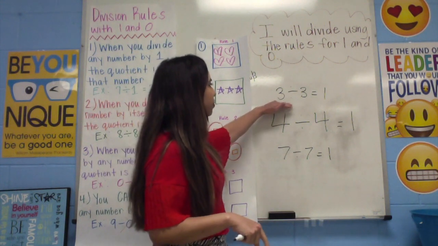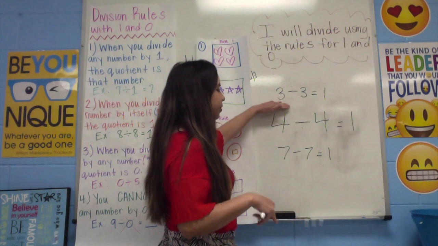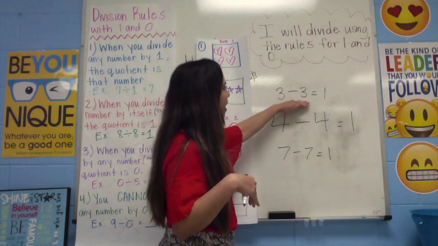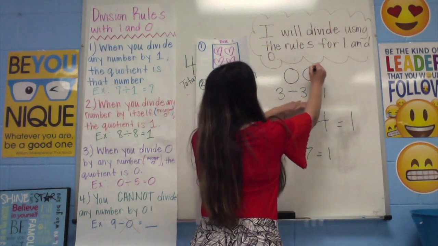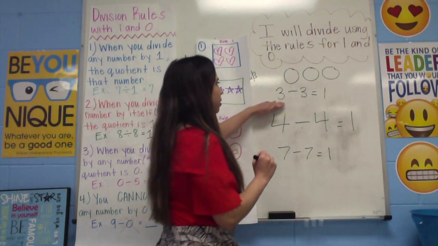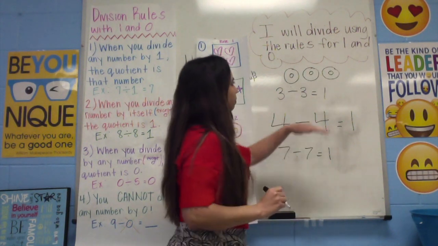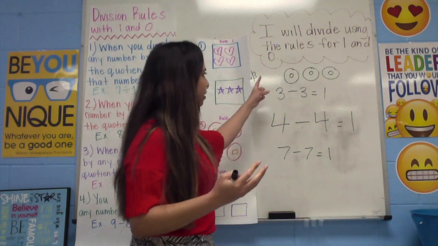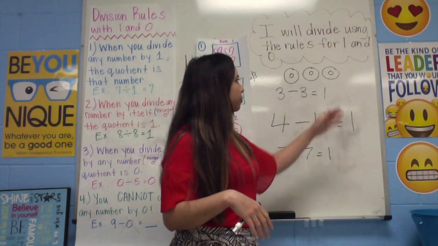We can draw a picture for 3 divided by 3. There are a total of 3 objects. We'll do circles divided by 3 groups. Let me draw my 3 groups. 1, 2, 3. How many objects do I have in all? 3. So I have to put 1 in each group, right? Total of 3. We're divided into 1, 2, 3 groups.